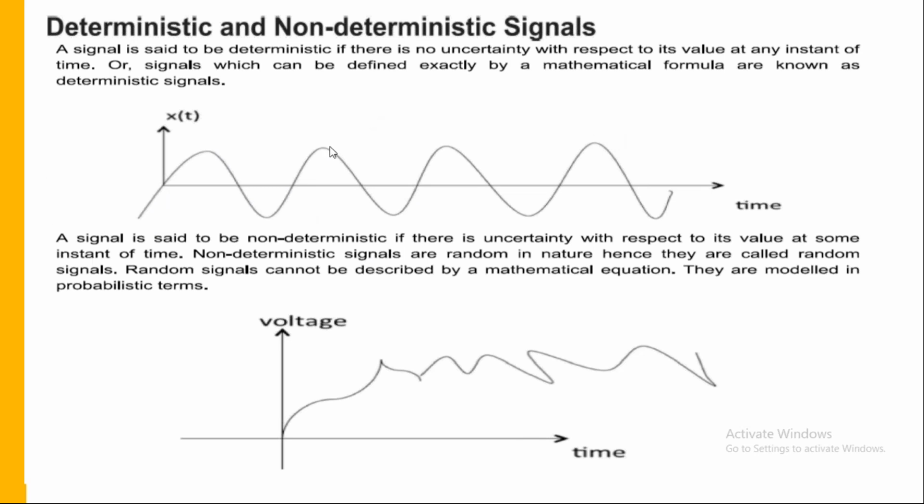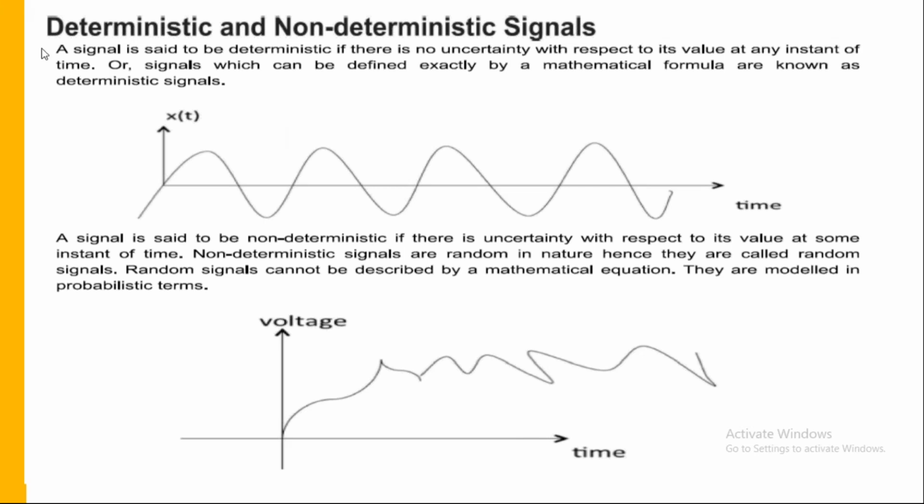Triangular signal, cosinusoidal signal, all these signals you know how they look and how to represent by a mathematical equation also. So any signal which is known to us and which you can represent by a mathematical equation, we can call a deterministic signal.